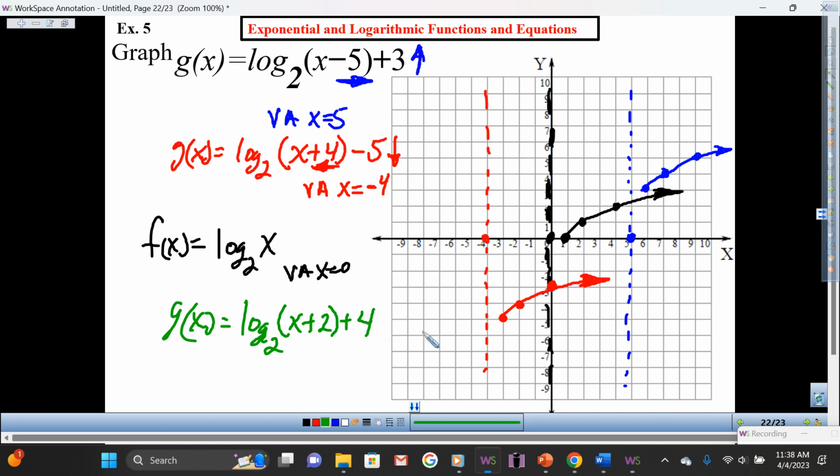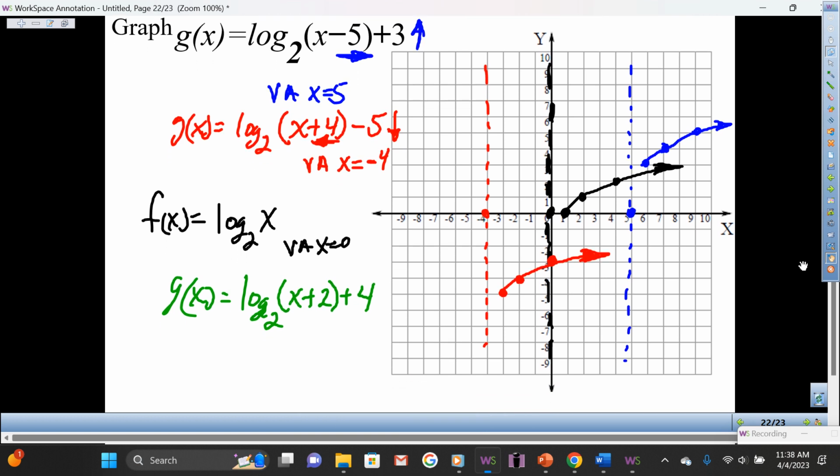Tell your neighbor the new VA, and we're moving that 2. All right, Fabian, new VA. VA: x equals -2.